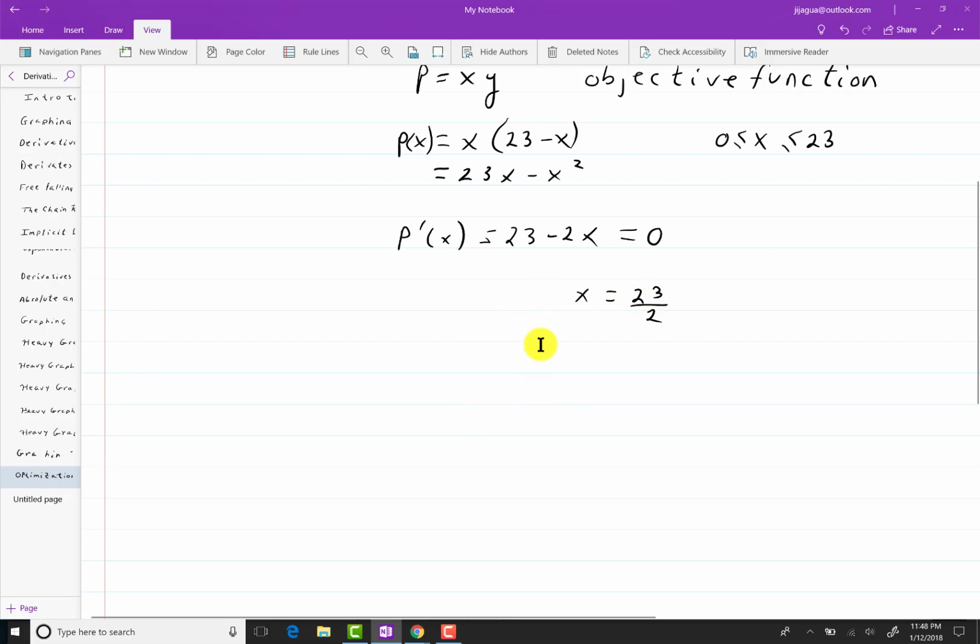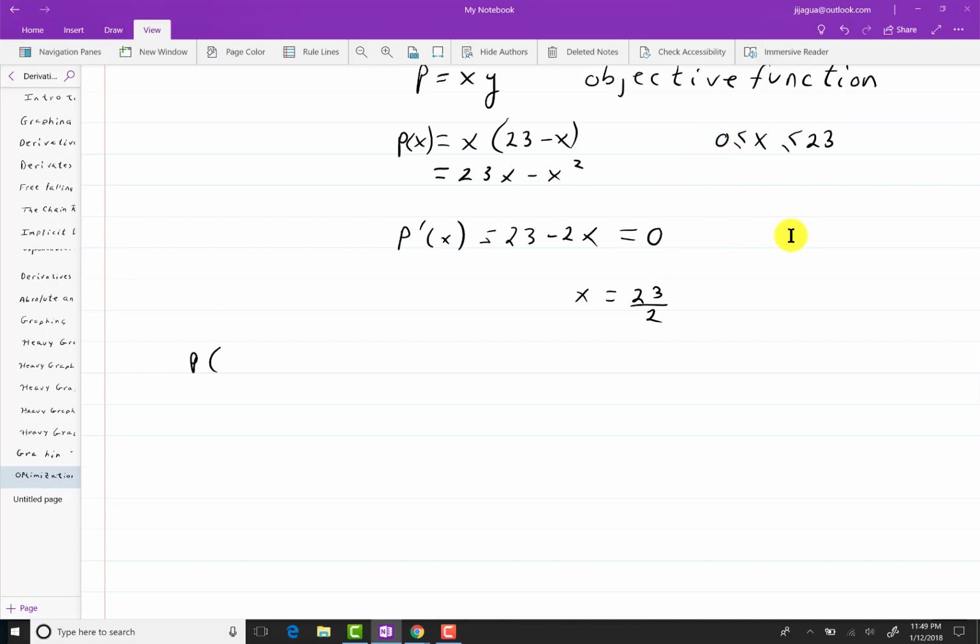Now, there are several ways of determining if this is the maximum or not. One of the theorems that we have says you can find the absolute max or absolute minimum by looking at any critical numbers and the endpoints. So basically all I have to do is this.